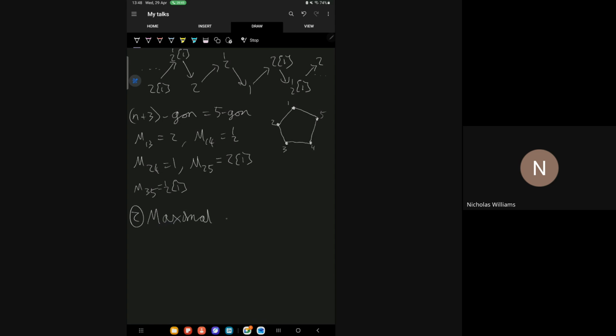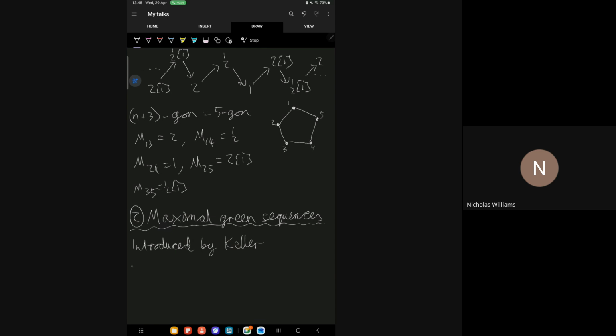So let me move on to one of the main objects of the main theorem, namely maximal green sequences. So these were, I suppose, originally introduced by Keller.